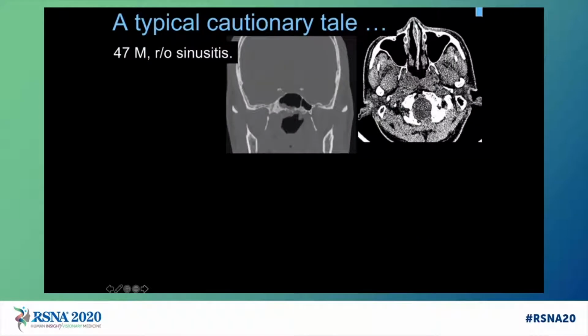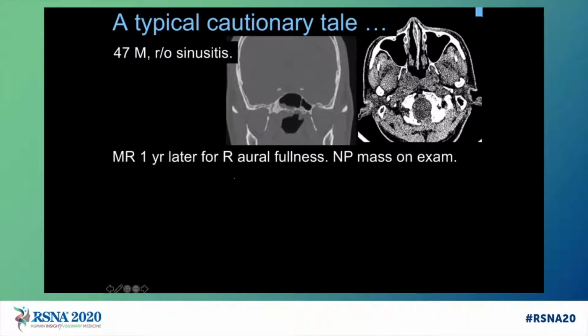overlook things. So here's a typical cautionary tale in a 47-year-old man sent to evaluate for sinusitis. He does have some mucosal disease in his right sphenoid sinus, but he also has sclerosis of his right pterygoid body, some erosion of the floor of the sphenoid sinus, and a soft tissue mass in the right nasopharynx as compared with the normal appearing left side. 1 year later, he gets an MRI for right oral fullness.